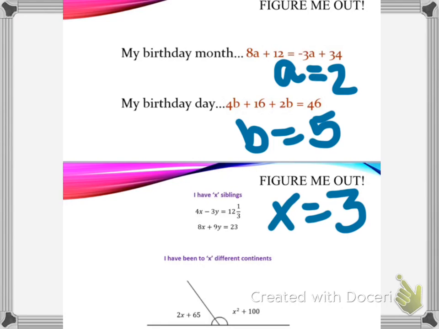And then more of the geometry-based one actually turns into a quadratic, so it'd be nice to see if they remember how to factor and all of that. And they should get x equals 3, and I would explain that I've been to Asia to go to China, and I've been to Europe to go to both Paris and Italy, and then obviously the United States.